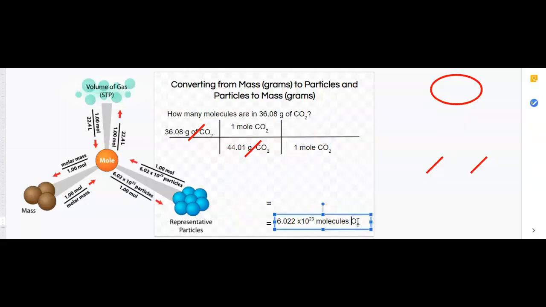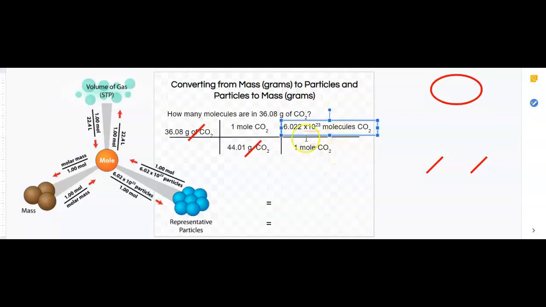And I know that for every 1 mole of carbon dioxide, it equals 6.02 times 10 to the 23rd. Now my moles of carbon dioxide have canceled. The only unit that I have left is molecules of CO2, and that's what I wanted in my problem.